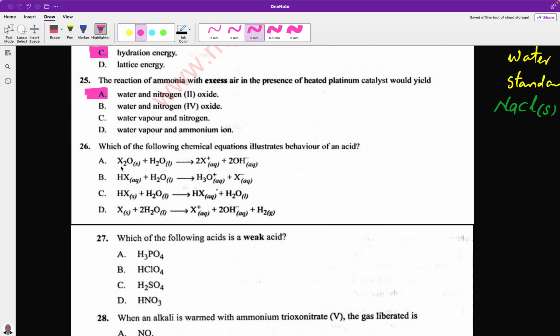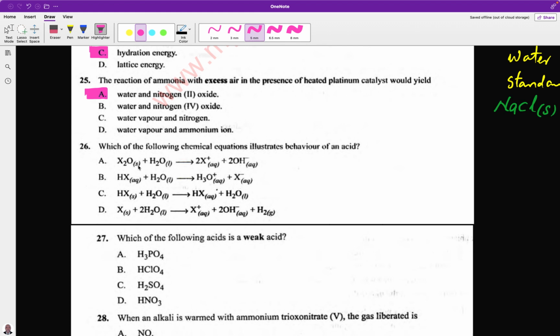Okay, we have X2O plus H2O. Is there any sign of an acid here?